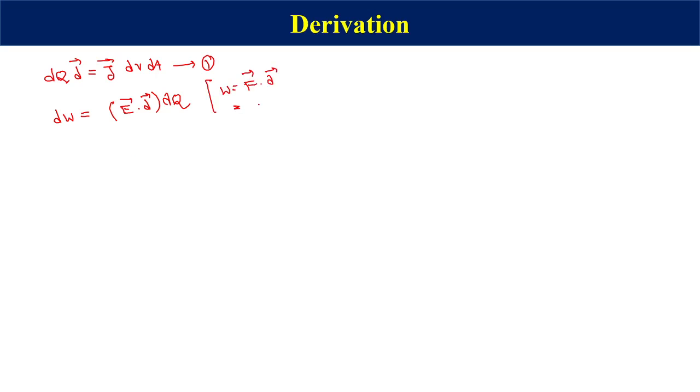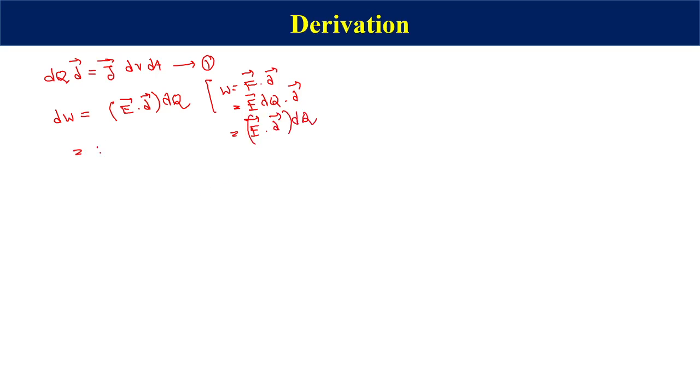Now in this case if dq amount of charge has been transferred through a distance d under the electric field E, what will be the force acting on the charge by the electric field, that is E dq dot d. So I have just taken dq on the other side and written E dot d whole into dq.